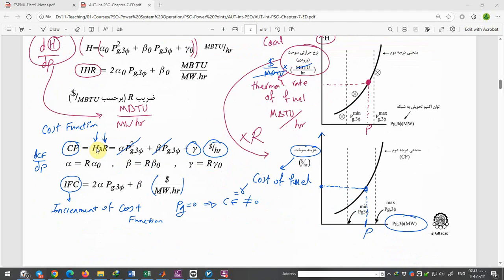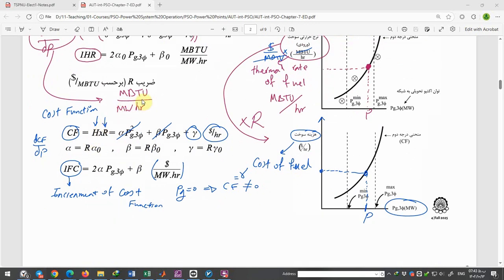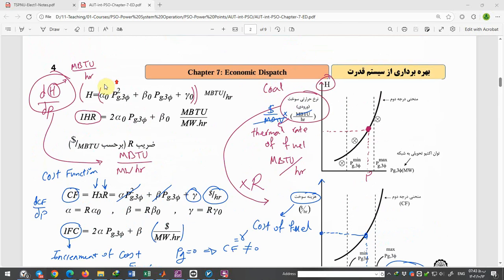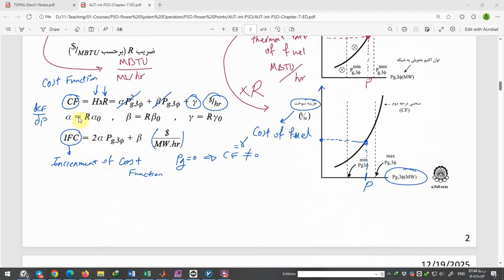And if you multiply this parameter in megaBTU by dollar per megaBTU, you get the cost function: alpha P squared plus beta P plus gamma. The gamma is a fixed cost.